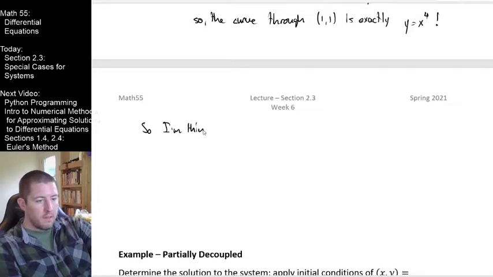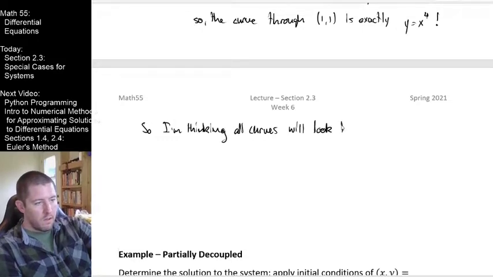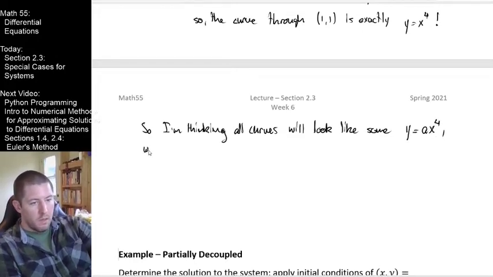So I'm thinking all curves look like some y equals ax to the fourth, with all trajectories decaying towards 0, 0.